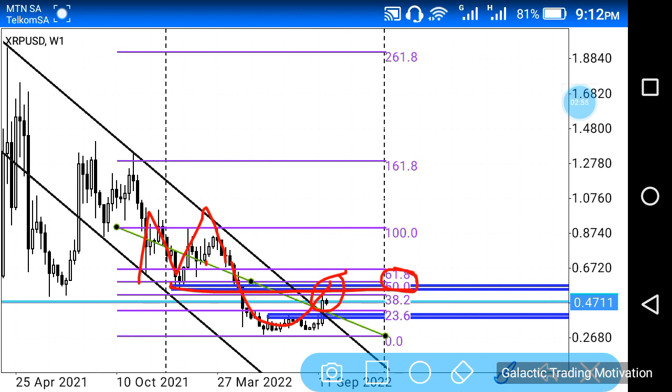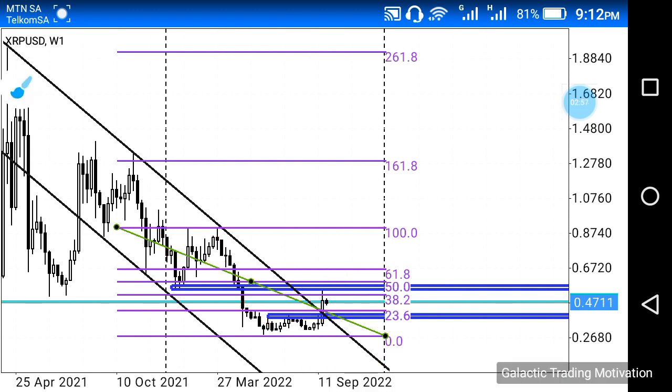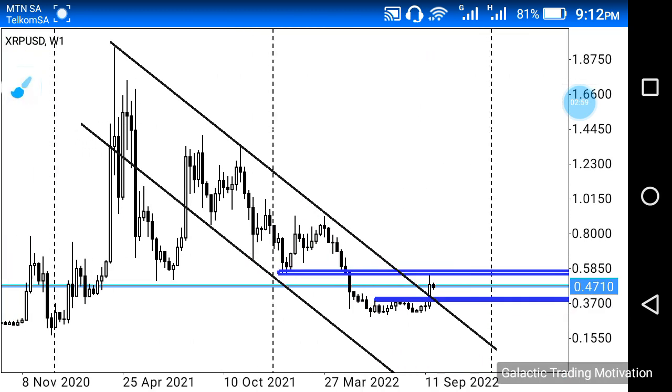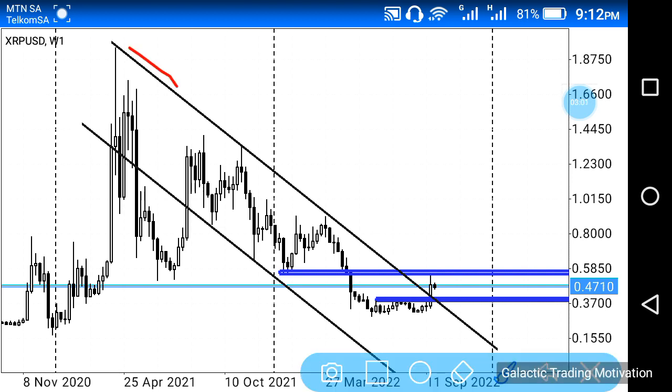Because at the end of the day, guys, if you look at this channel right here, and if you look at the way in which fundamentals have been going at this point in time in regards to XRP, sentiment is quite positive.